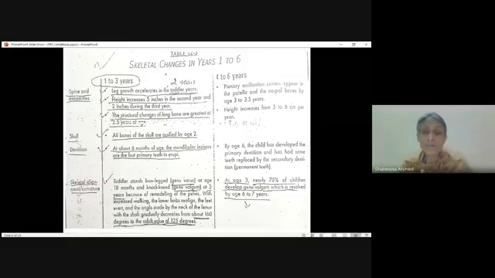By the age of 6 years, the primary teeth, the temporary teeth, start to fall off and are being replaced by permanent teeth.